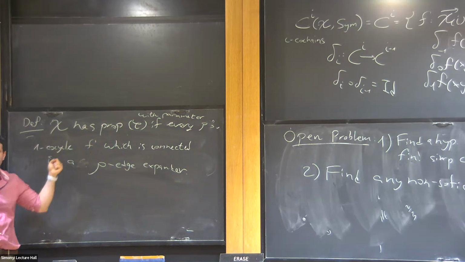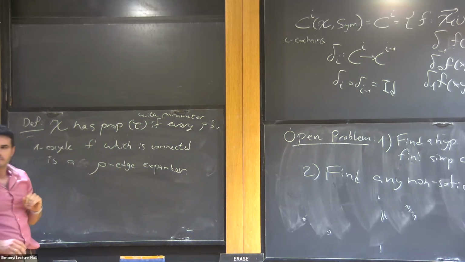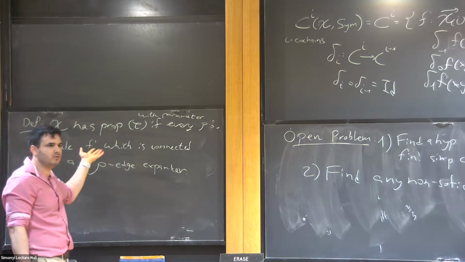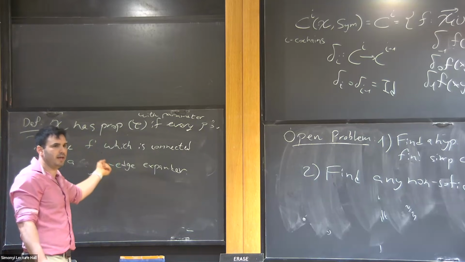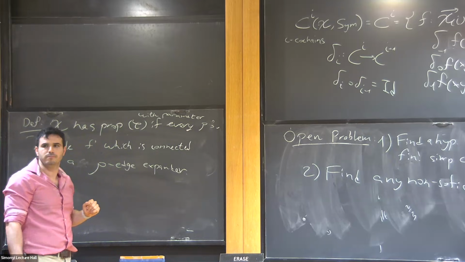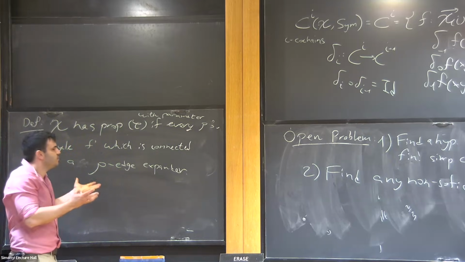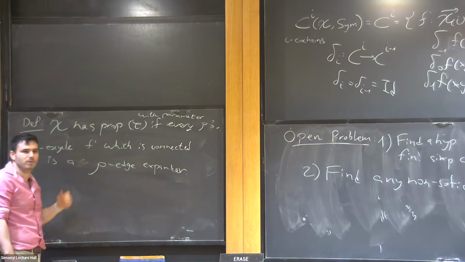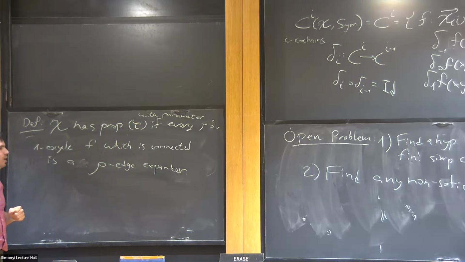So the number of edges touching it is at least rho times the number of vertices in the set. Okay? If you don't require the cocycle to be connected, you talk about expansion in the connected component. That's the same. You can just decompose every one cocycle into its connected components, and this claim is just that each connected component is a rho expander individually. My whole point is just that this connectedness is restricted to the property of the connected components.